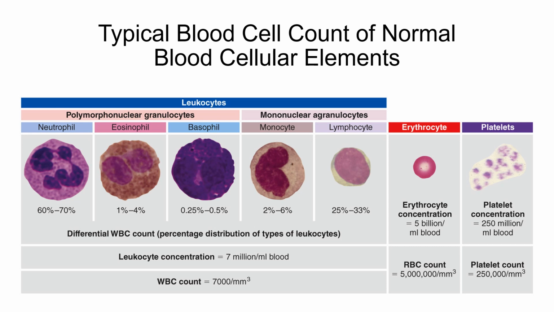Right here, this slide just gives a typical blood cell count number of normal formed elements within the blood. Remember which three leukocytes are granulocytes, and which ones are agranulocytes.